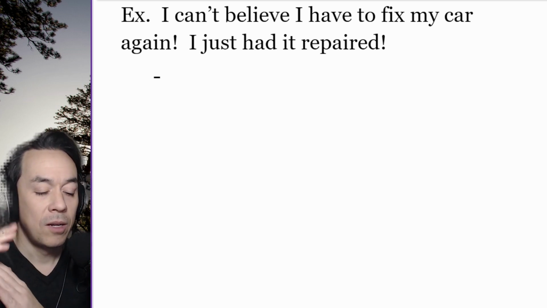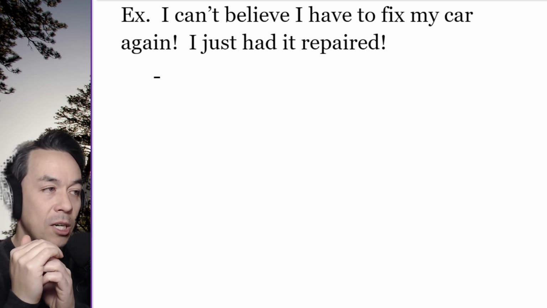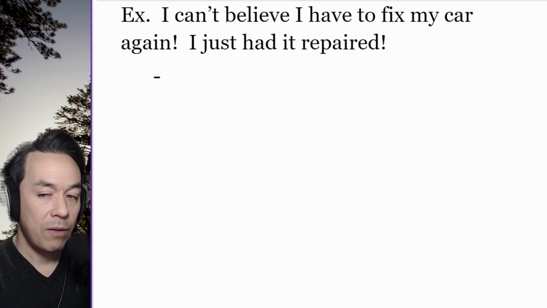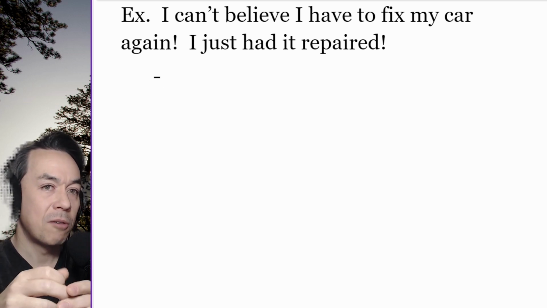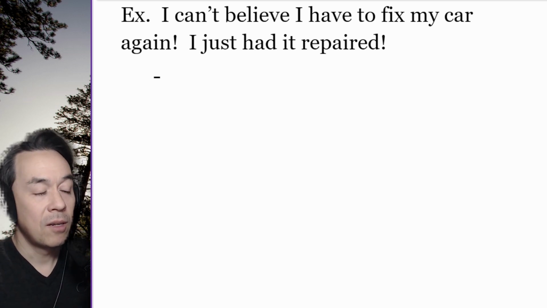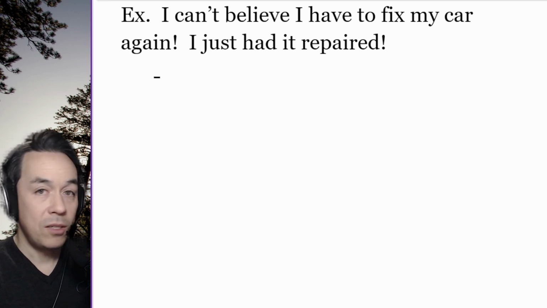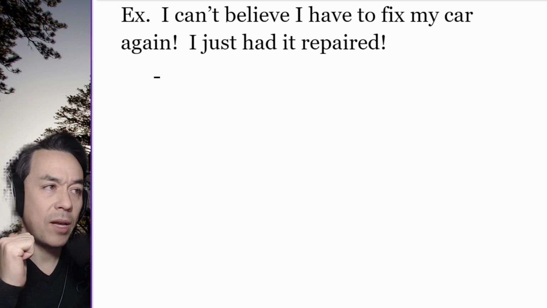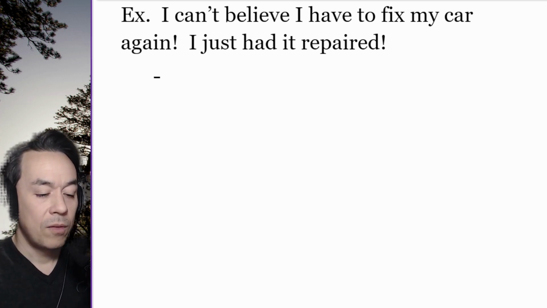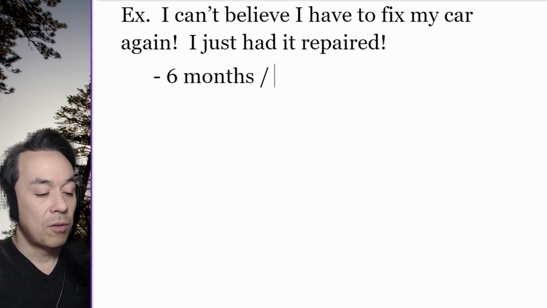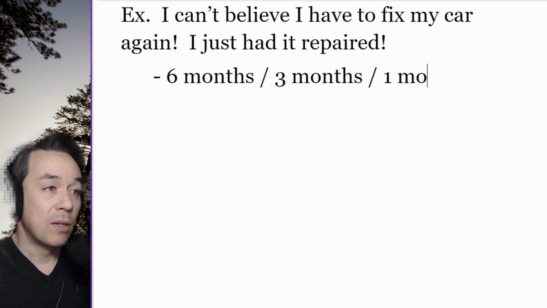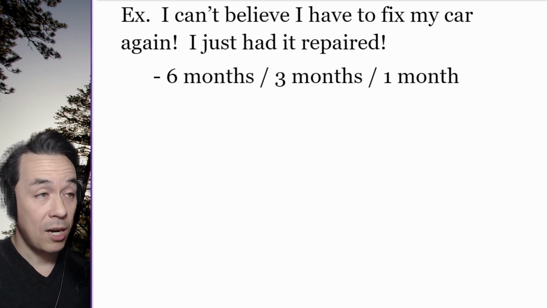I would say, you can do tune-ups every 6 months or every year, but a repair, I would say that's like 4 or 5 years to do a repair. So I think that I just had it repaired, I would say that's 6 months or 3 months, or definitely 1 month.